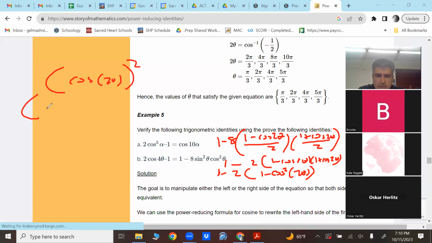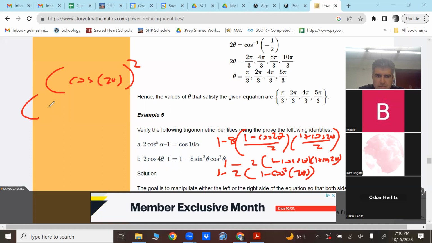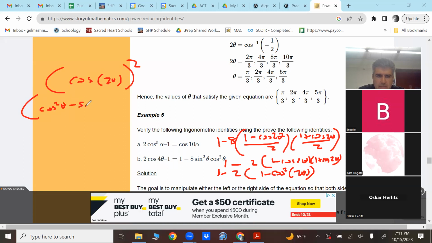So I could think of it as maybe cosine squared theta of a multiplied by itself. Can that reduce down again into like 1 plus cosine 4 theta if you reduce or go up again?